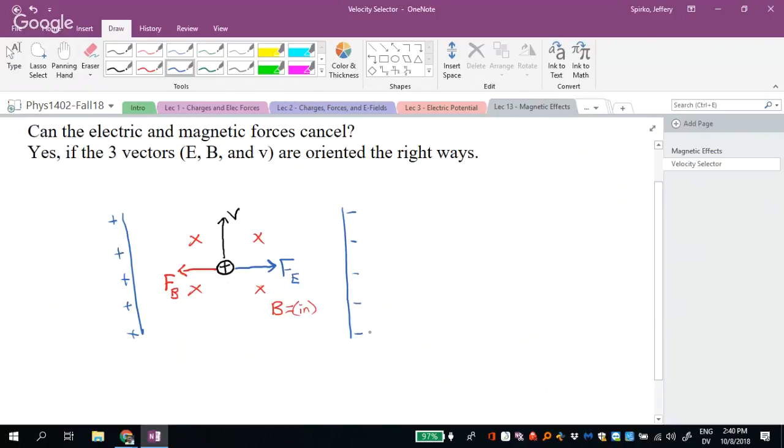So in that region, in between the two plates, there is an electric field pointing away from the pluses towards the minuses. So that is E equals, right.